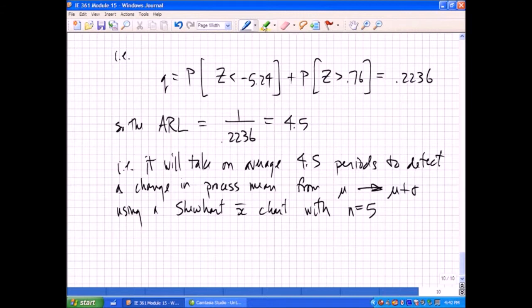My point is that this thing is a quantification of what to expect if I use this X-bar chart with a sample size of 5.